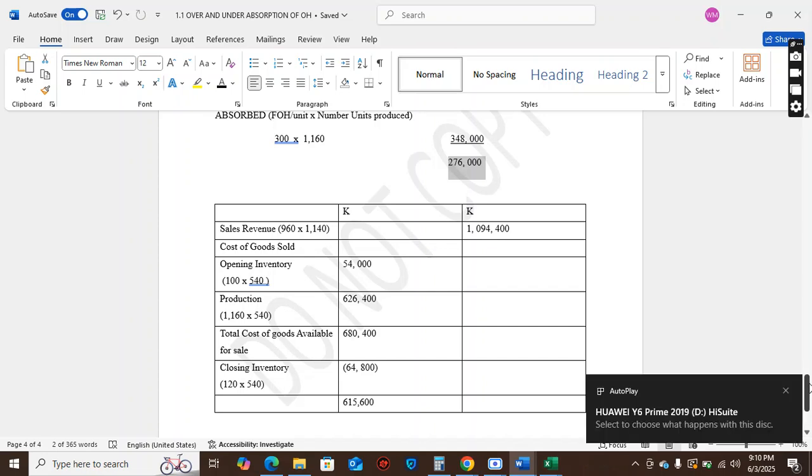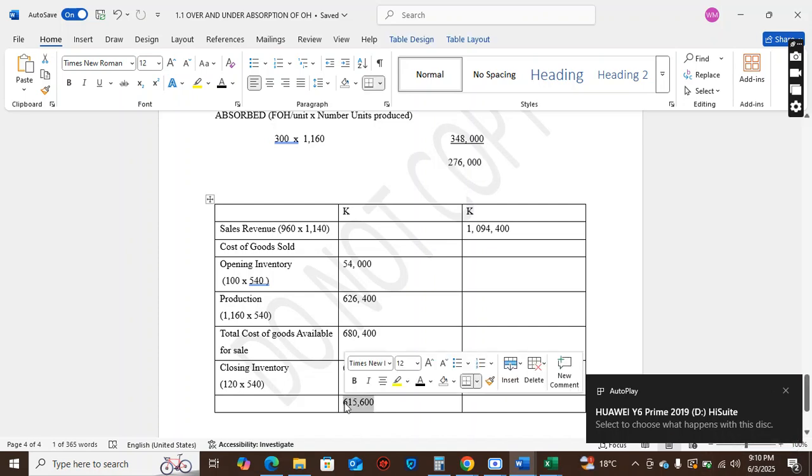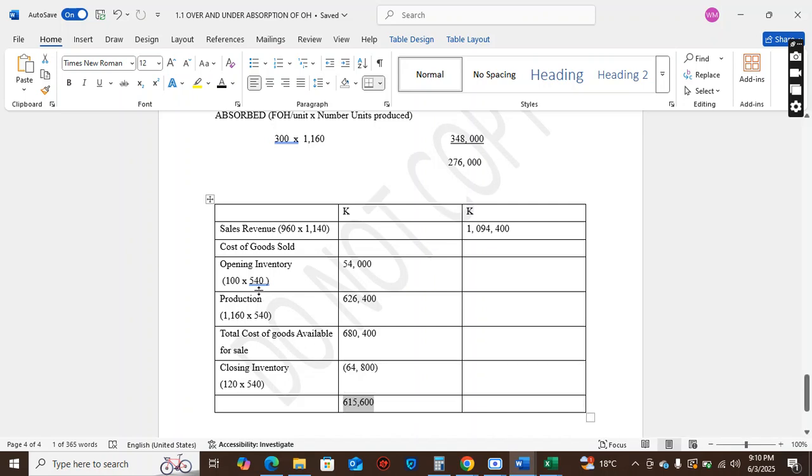So this cost of sales here is understated, because part of this 540 is this 300 from the 1,400 units.